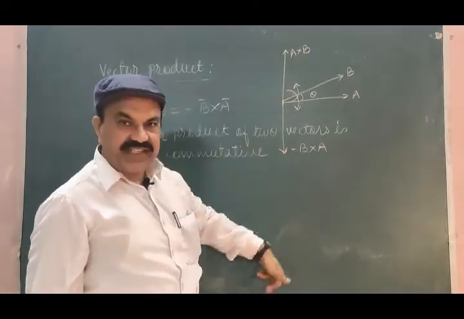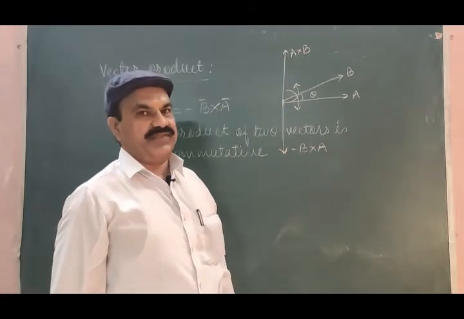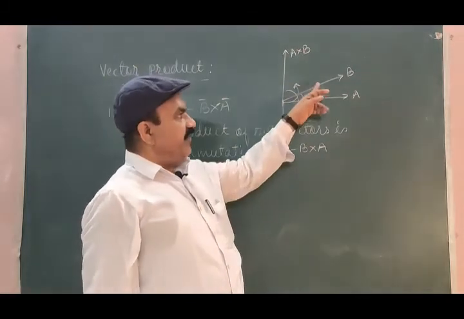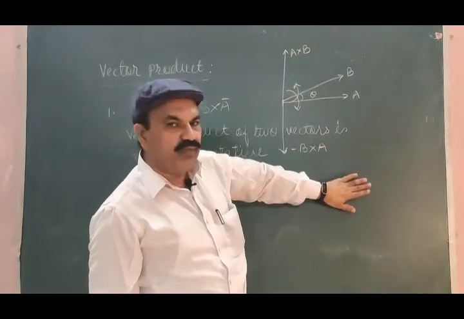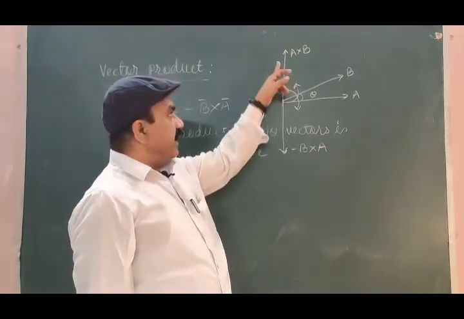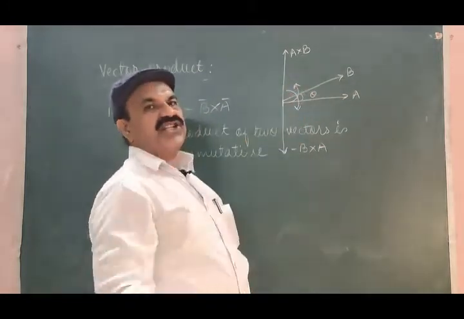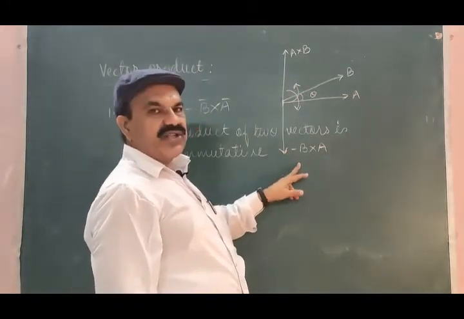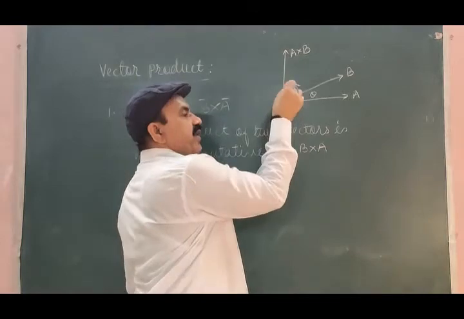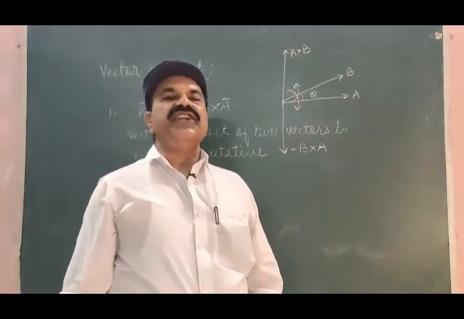B cross A is in the downward direction. Actually, if A and B are in the plane of the board, if A cross B is perpendicular in the outward direction, then minus B cross A will be perpendicular in the inward direction.